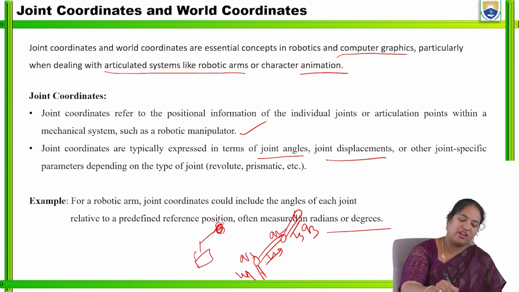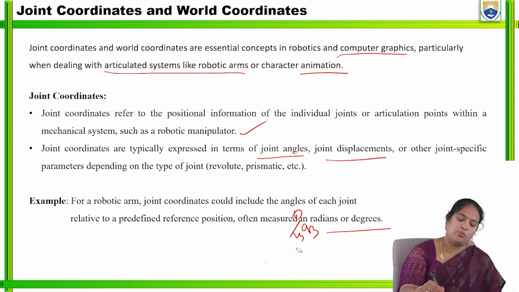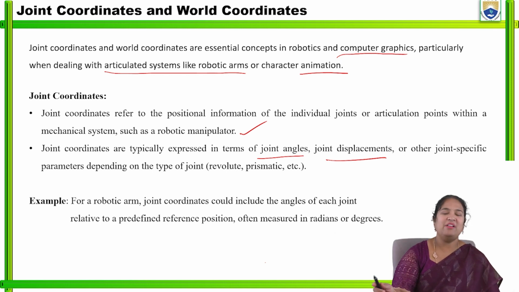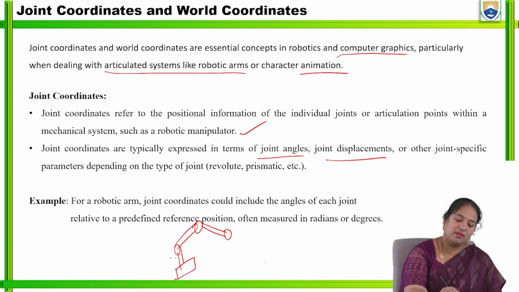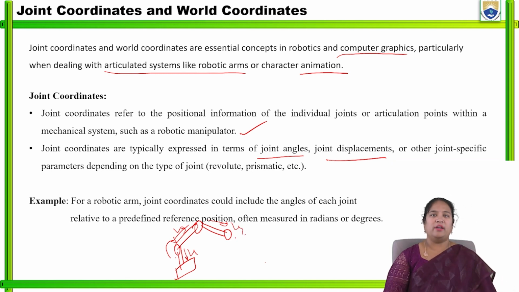When we are considering any robot manipulator, we will have certain joints, right? These joints of the robot manipulator, or any displacement like L1, L2 from one joint to the other, are known as the joint coordinate system.